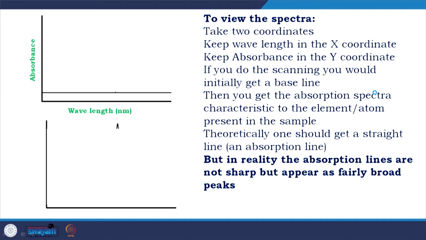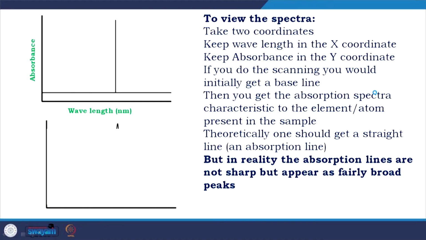Then if you allow, you get a baseline, very solid without noise baseline, and in some portion of that you get a line of absorption for the characteristic of that atom or molecule.